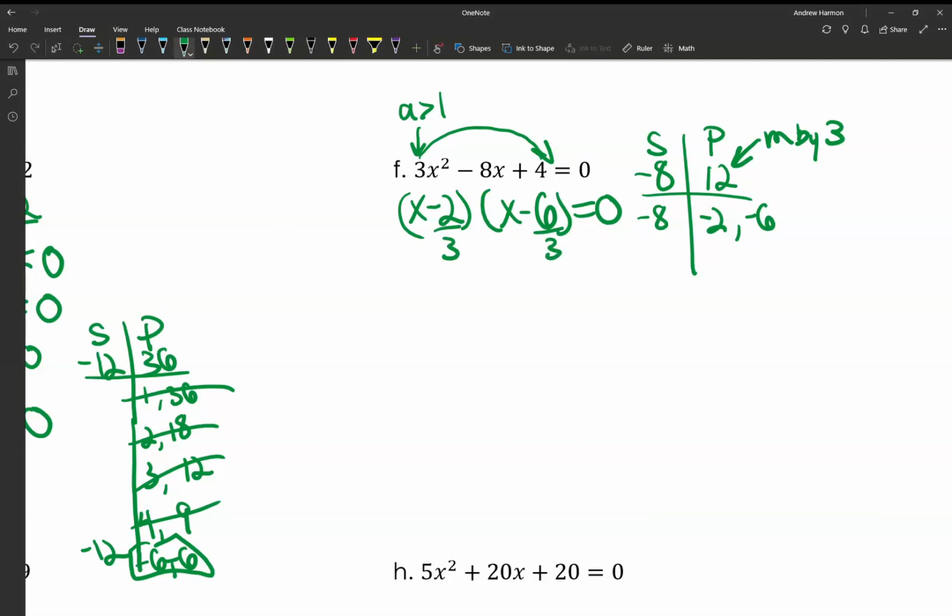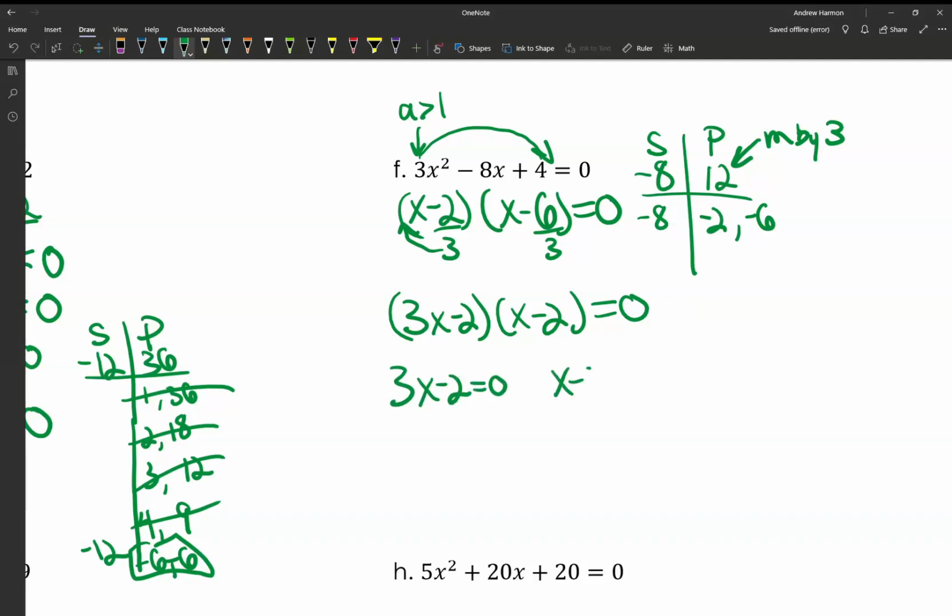Now when we do that, this 2/3 doesn't work out, so we bring the dividing term up into the front of x. We get 3x minus 2, and on this one, 6 divided by 3 is 2, so we get x minus 2 equals 0. Now from here, we still just set each factor equal to 0. We get 3x minus 2 equals 0, x minus 2 equals 0.